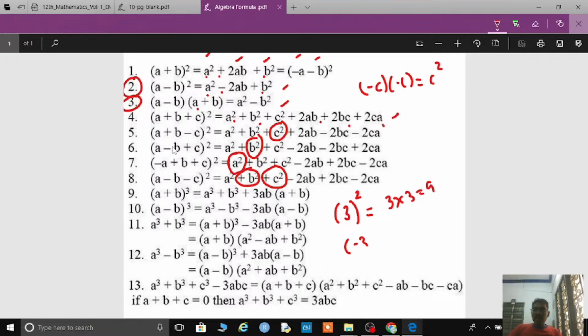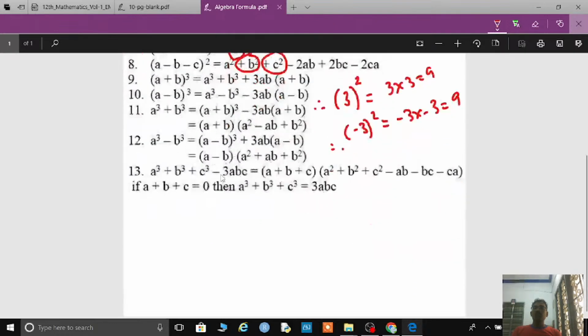And minus 3 square is minus 3 into minus 3, which will become positive 9. That's all. So these are the two tricks we have to keep in mind while dealing with this formula.